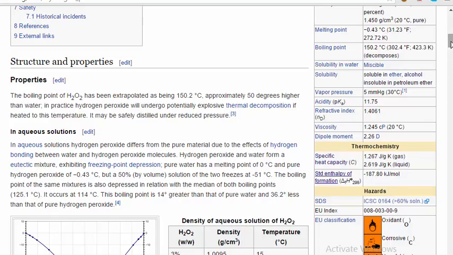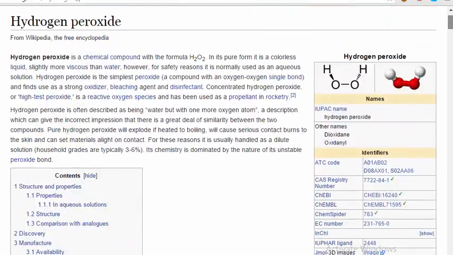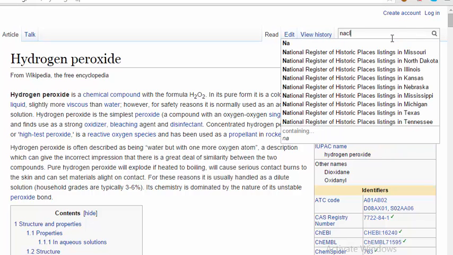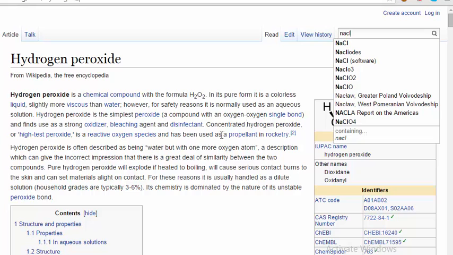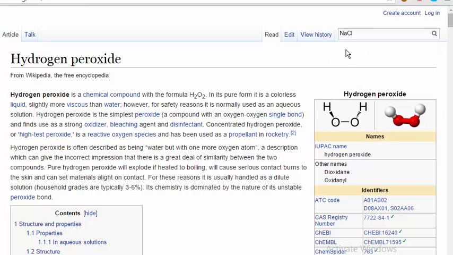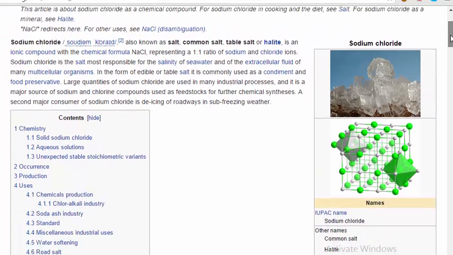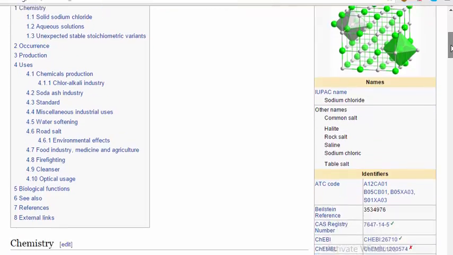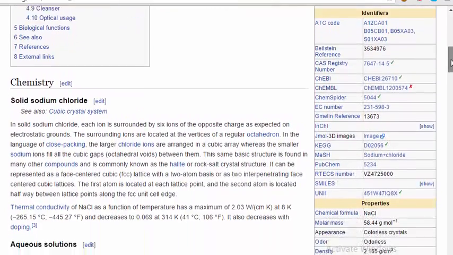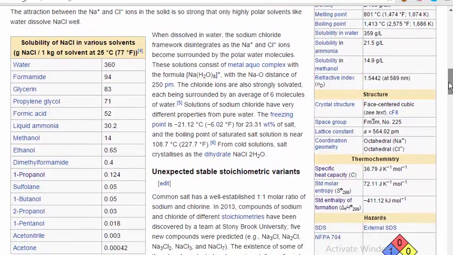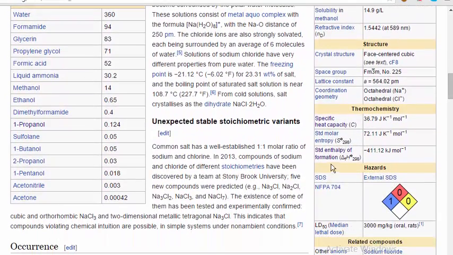Nevertheless, you can look at any compound you can imagine. Let's look at sodium chloride. There we go, the standard enthalpy of formation.